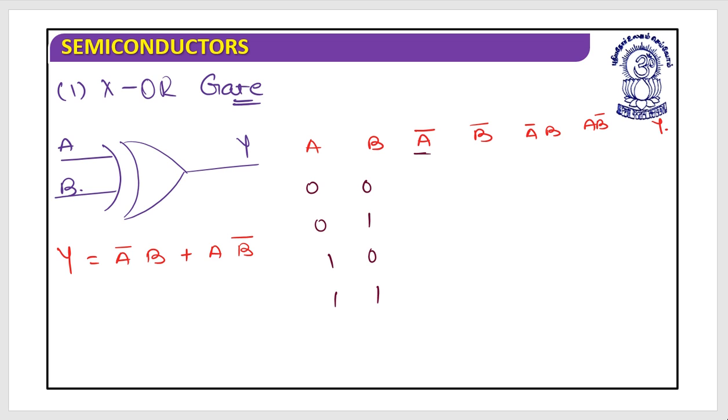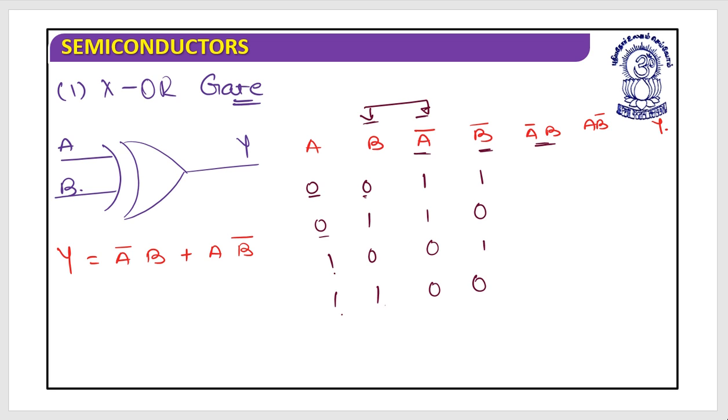Then if I take A bar of this, 0 will work as a 1: 1 1 0 0. I hope you understand what I'm doing. Now B bar, that means NOT of B: 1 0 1 0. Great. Now it's the turn for A bar B. So I want to perform the AND operation of these two.